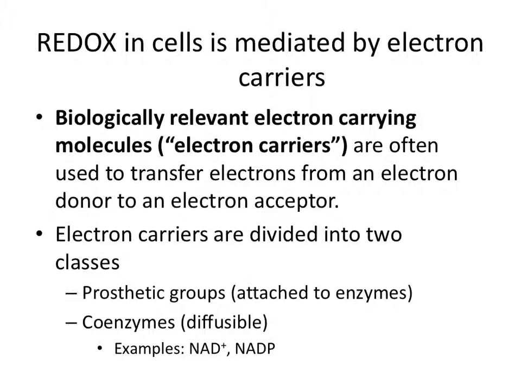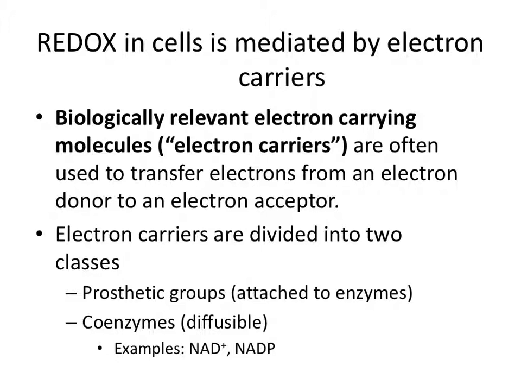In order to make that work, we have to have biologically relevant electron-carrying intracellular molecules. We call them electron carriers or coenzymes quite often. They are important because they transfer electrons from donors to acceptors within the cell in a sequential manner.